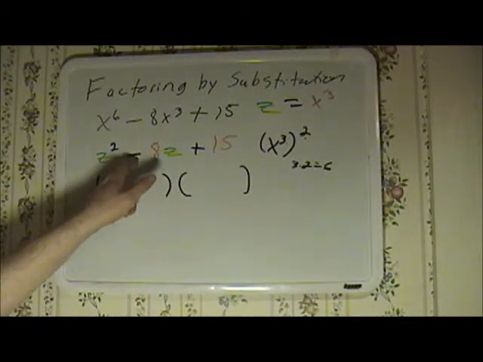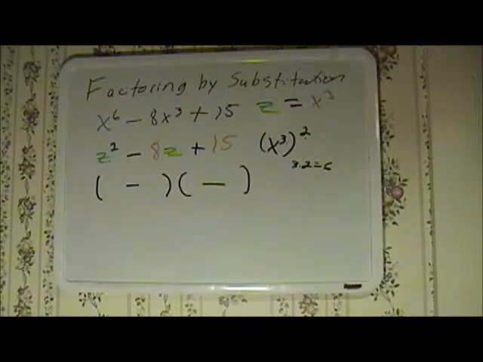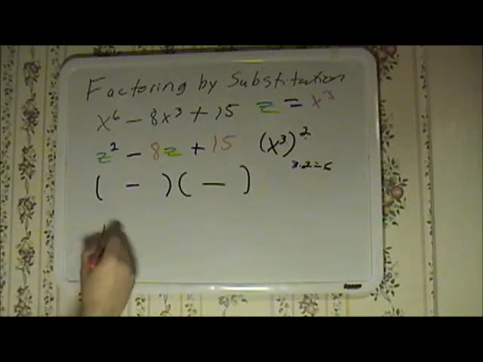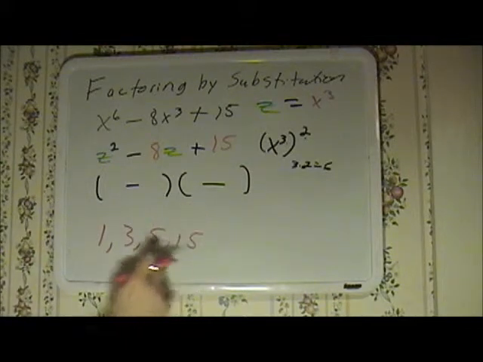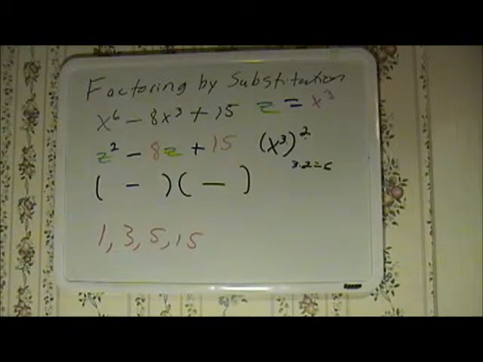But since we have a minus here, we know they both have to be a minus sign. The next thing we want to look at is 15. What are our factors of 15? Which is, what can we multiply together to make 15? So we got 1, 3, 5, and 15, because 1 times 15 is 15, and 3 times 5 is 15. Now we want to look at that and ask, do any of these add up to 8? And we say, oh look, 3 and 5.